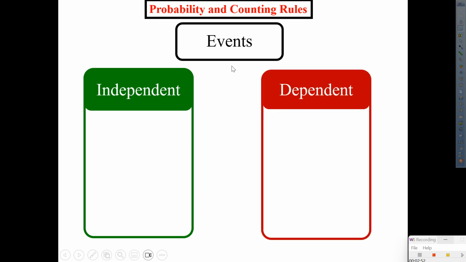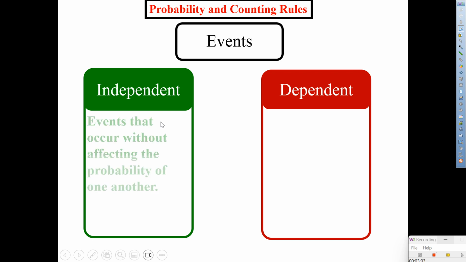Write this down, please. Events. Independent and dependent. Independent events mean that they are events that can occur without affecting the probability of one another. So that means they are independent of one another.